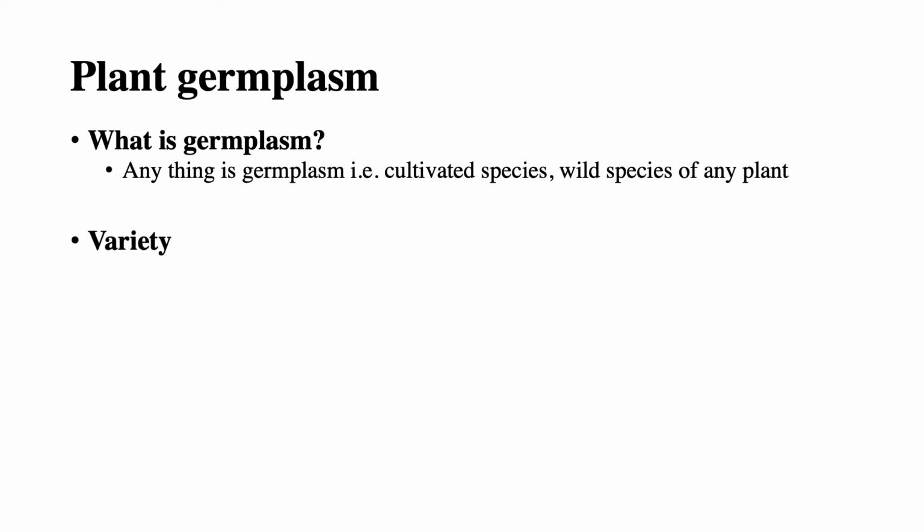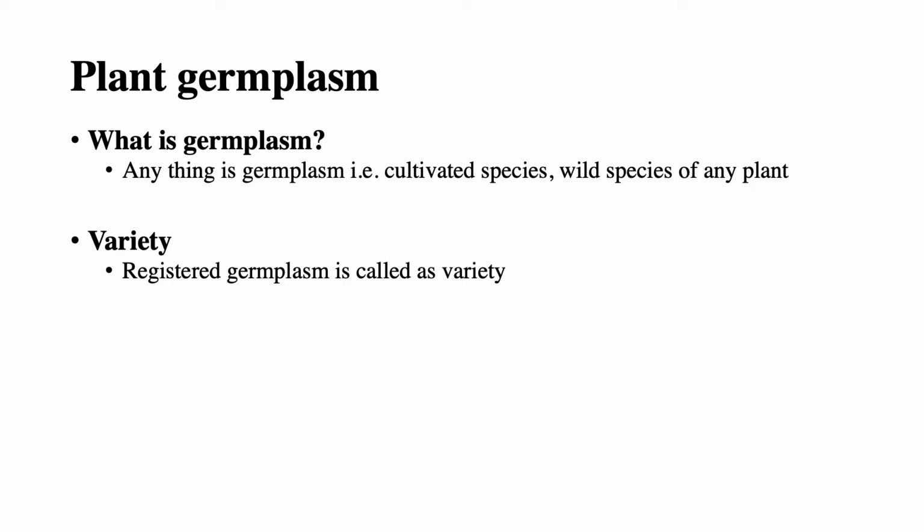So the second thing is variety. There is a difference between germplasm and variety. As I have told earlier, germplasm is anything, any living organism, any plant, any flower, any organism. But what is a variety? Variety is basically a registered germplasm. The variety has to be developed by passing through a lot of breeding procedures.